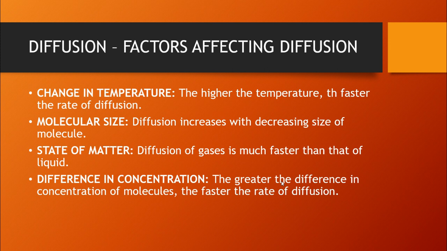Difference in concentration, that's the concentration gradient. The greater the difference in concentration of molecules, the faster the rate of diffusion. If you have a higher concentration gradient, in the sense that there is more somewhere and very little on the other side, you will have faster diffusion.